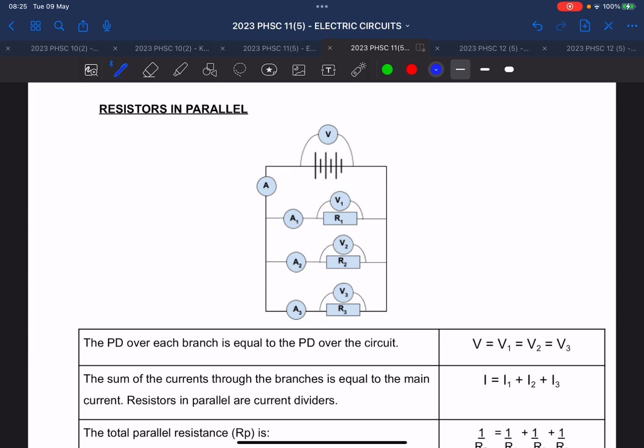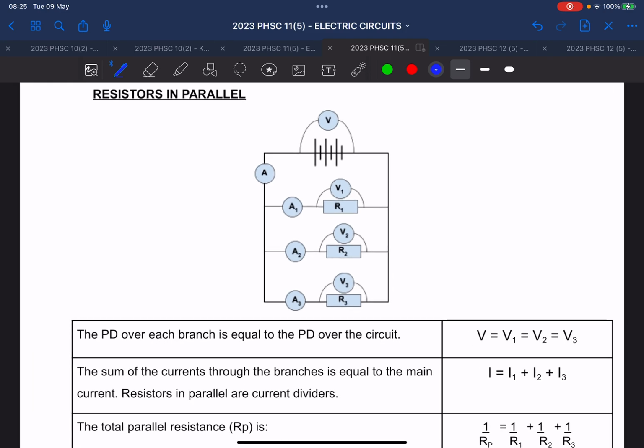So let's get to past papers so that we can focus on circuits. Then we still need to do 2 more chapters: chemistry, atoms and forces, intermolecular forces. All right, let's get going.